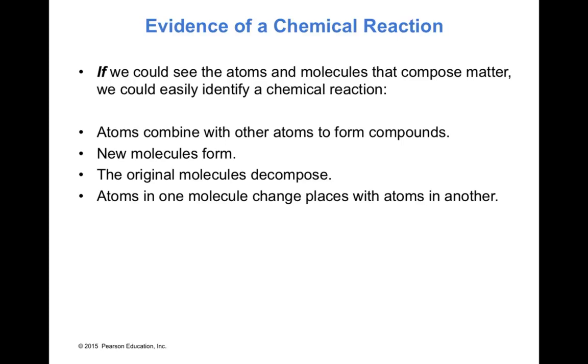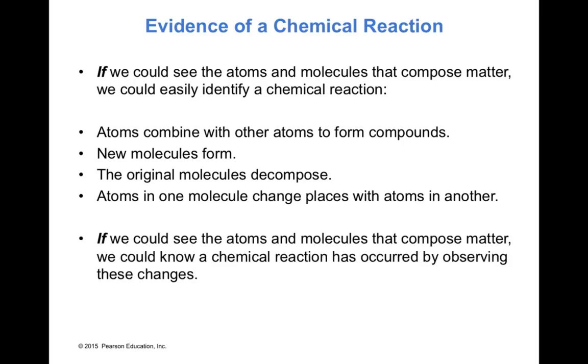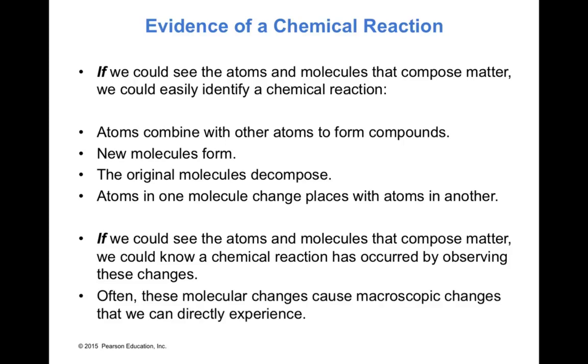These are examples of how we can identify a chemical reaction, but only if we can see at a molecular level. If we could see the atoms and molecules that compose matter, we could know a chemical reaction has occurred by observing these changes. Often, these molecular changes cause macroscopic changes that we can directly experience.